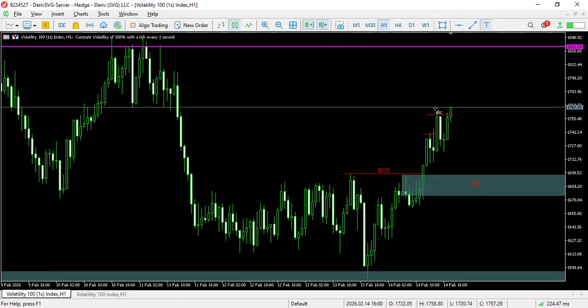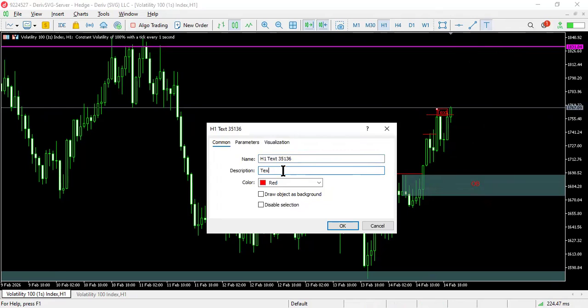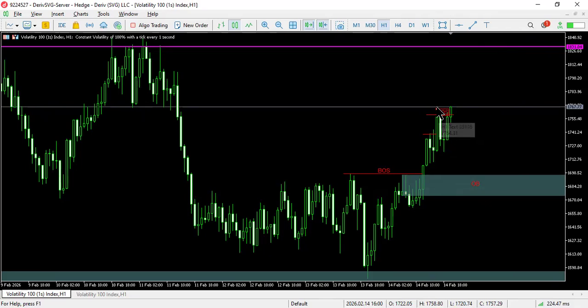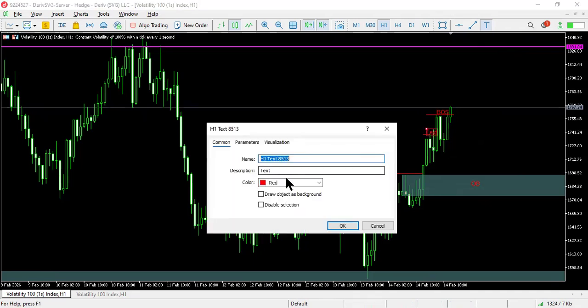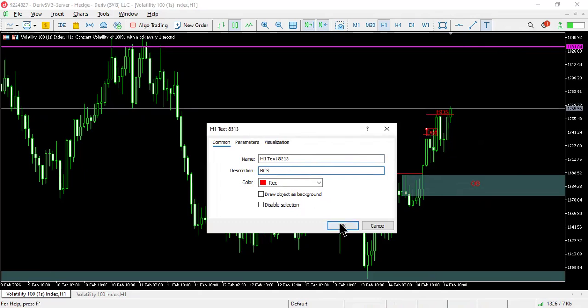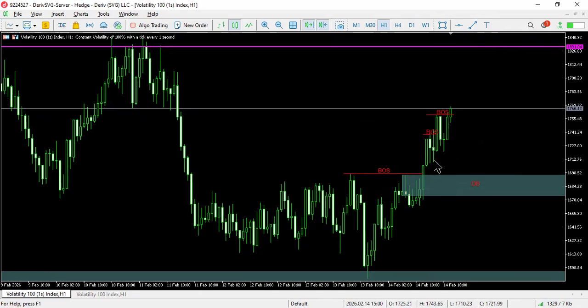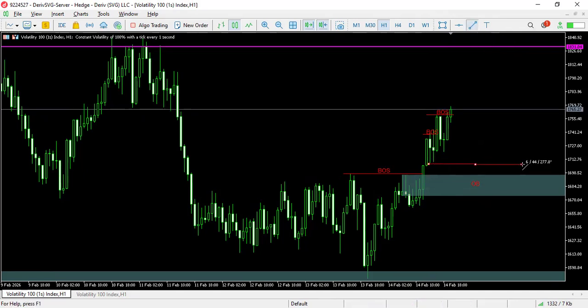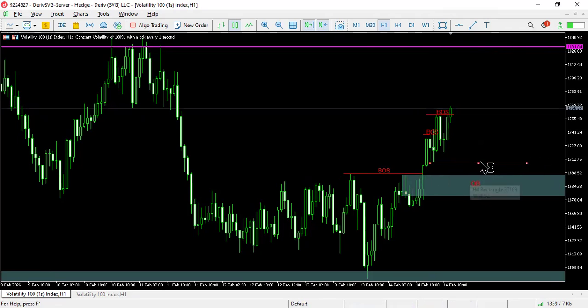So all these break of structures up here that price is creating, according to my strategy, I see all this as liquidity, and I don't place entries at those order blocks because I see them as liquidity that price has to clear to come and tap into my point of interest, which is this first break of structure. That is how the strategy works.